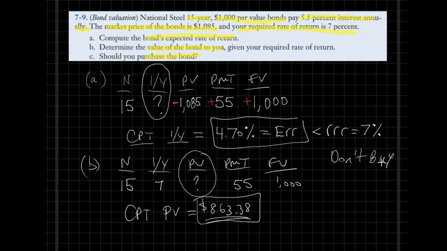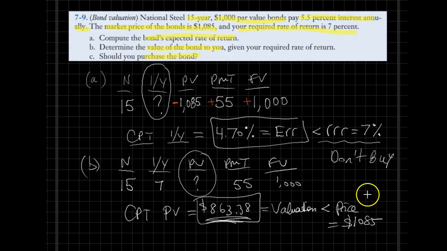Let's see if our intuition also works by just comparing the valuation of the bond, so that's the investor's valuation, with the market price. In our case, the market price is $1,085, so the valuation is definitely less than the market price.